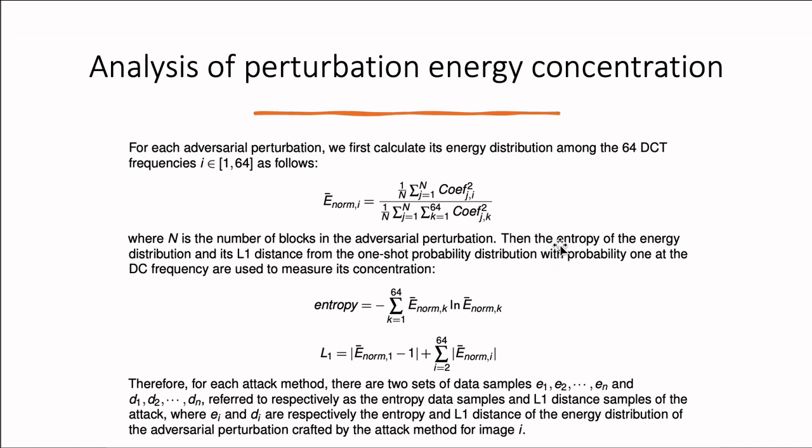We calculated the entropy of the energy distribution and its L1 distance from a one-shot probability distribution with a probability of 1 at the DC frequency, as shown here. The entropy by itself cannot say where the energy is concentrated, while using the L1 distance with the one-shot probability at a DCT coefficient will help us see where the energy is concentrated. So here we have two sets of data samples, the entropy and the L1 distance samples.